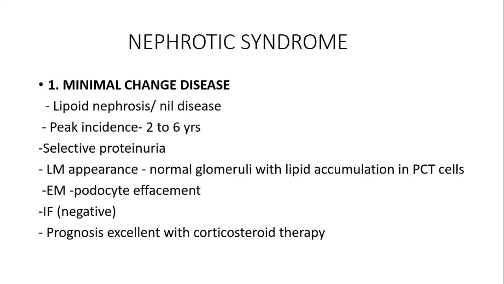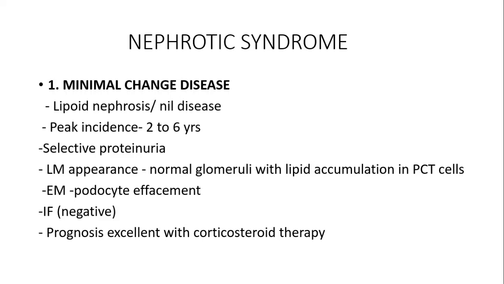Two to six years of age is the peak age, and the patient has selective proteinuria, albumin. Light microscopically, as I already told, there are normal glomeruli with lipid accumulation in the PCT cells which cannot be diagnosed by H&E stain. But the electron microscopy shows classical podocyte effacement.